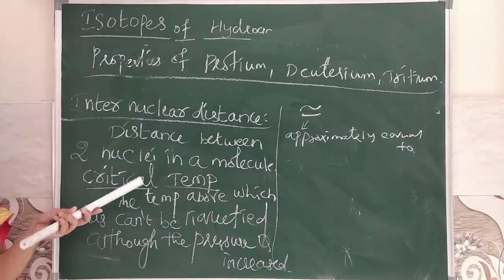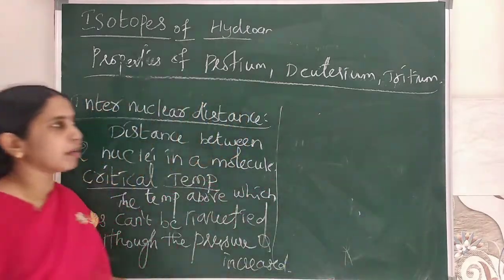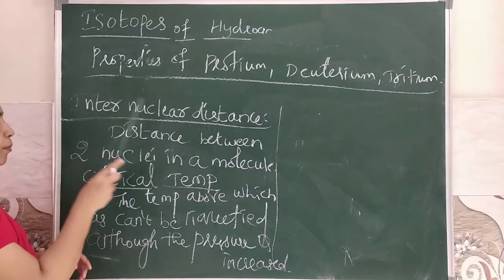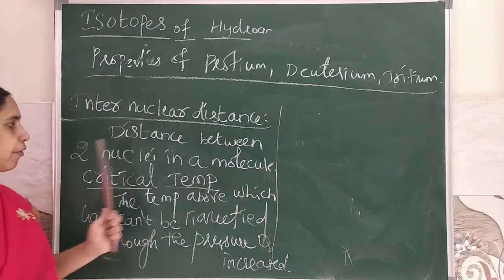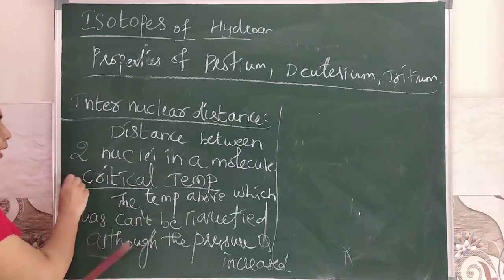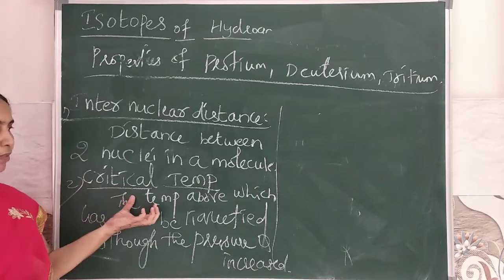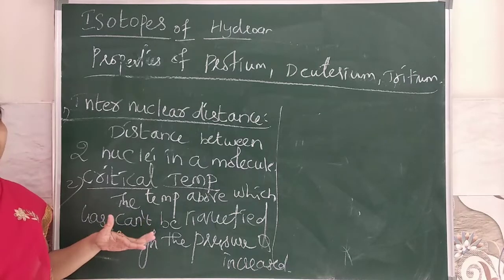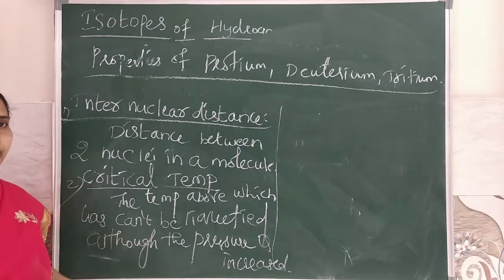Listen, students. These 3 properties are simply given in your book, and you must know them. What is meant by internuclear distance? It is defined as the distance between 2 nuclei in a molecule. Next, critical temperature: the temperature above which gas cannot be liquefied, although the pressure is increased many times.